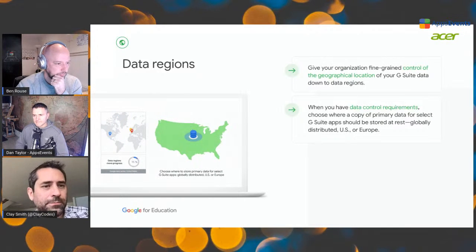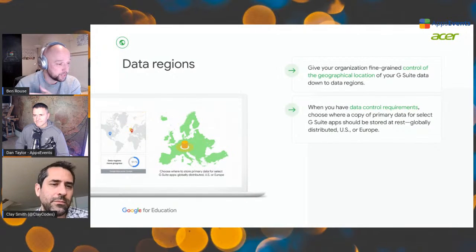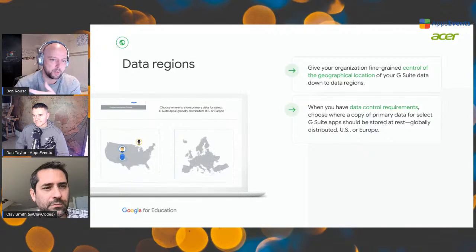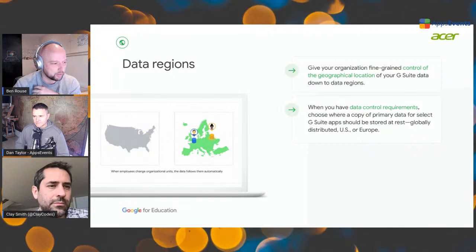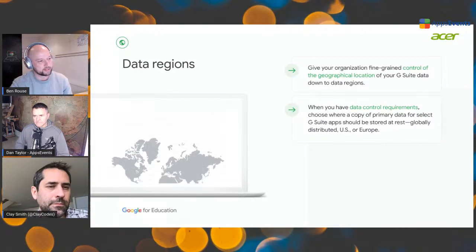The other thing we should probably mention is data regions. There is the ability within Enterprise for Education to be a bit more specific about where your data is being stored. For anyone watching from within Europe, your data doesn't have to be stored within the EU for GDPR compliance.